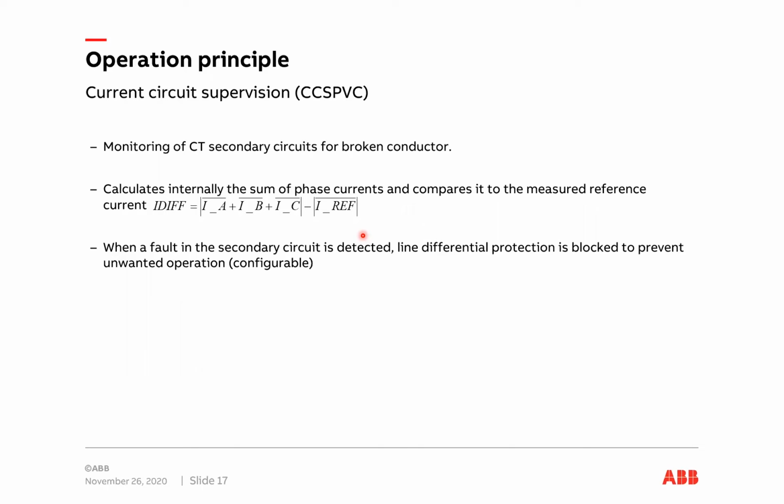And when this function detects a fault in the secondary circuit, what we can do is block the line differential protection to prevent unwanted operation. As I said, you can of course choose if you want to operate the line differential protection due to the fault in the current circuit, or if you just want to block it. So you can choose this.